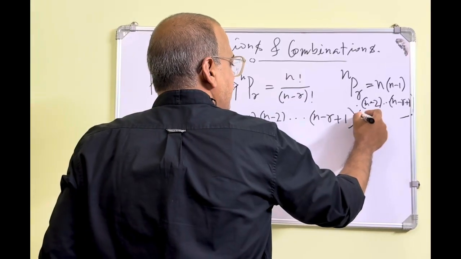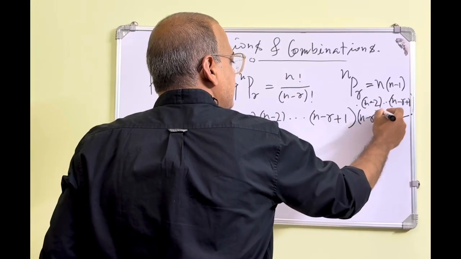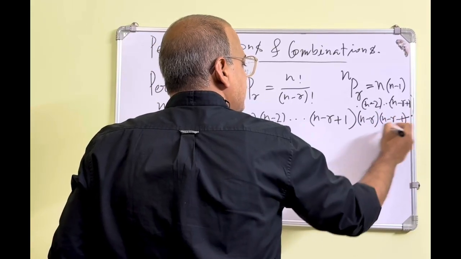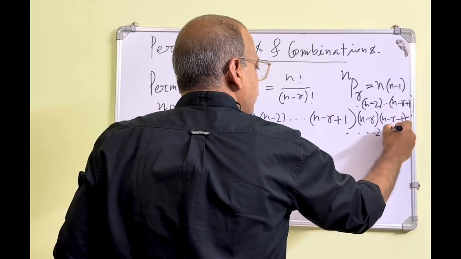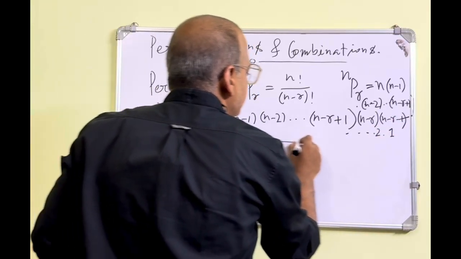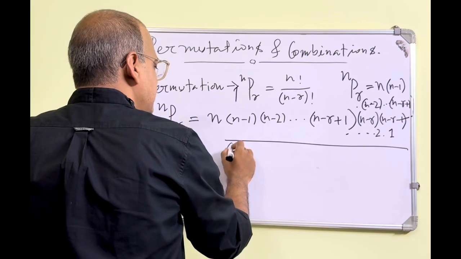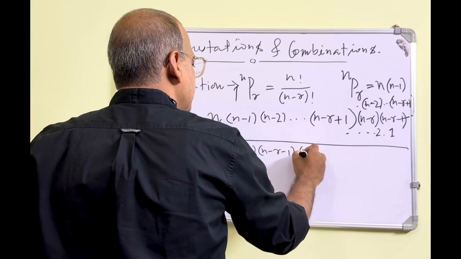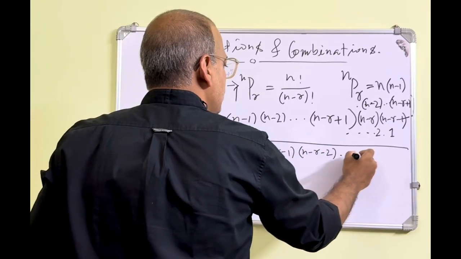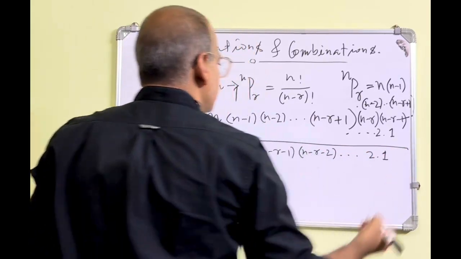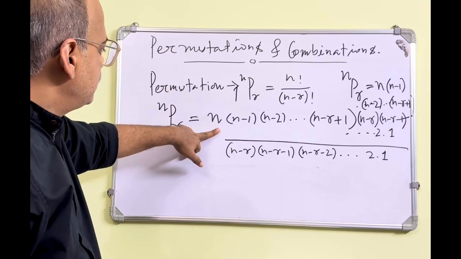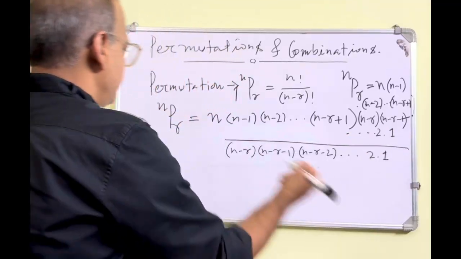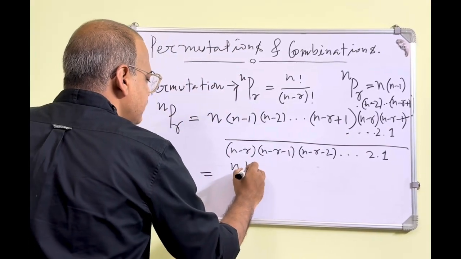What I'm doing here: n minus r, then n minus r minus 1, all the way to 1, and I divide by this same portion, n minus r, n minus r minus 1, n minus r minus 2, down to 1. So the numerator goes n, n minus 1, n minus 2, all the way till 1, which you can simply write as n factorial.